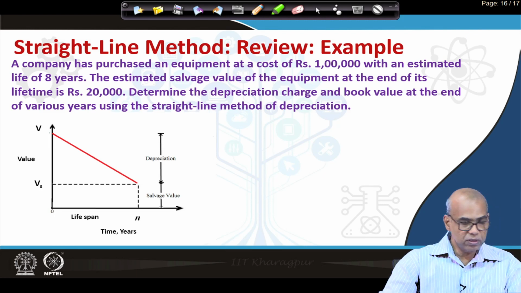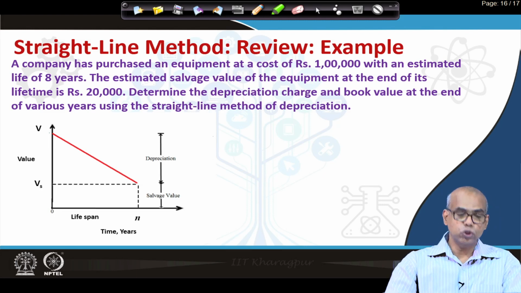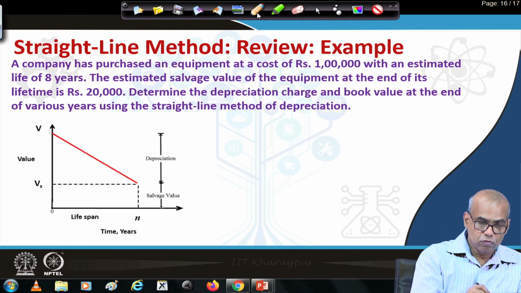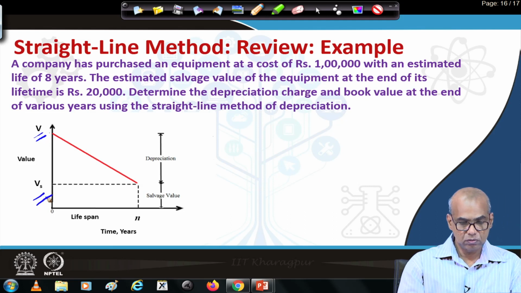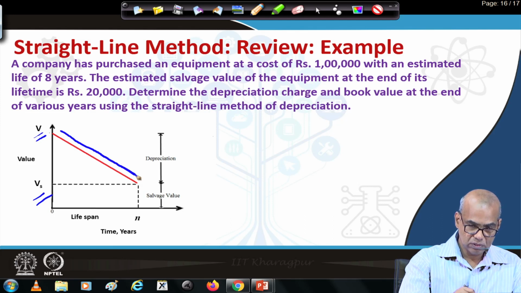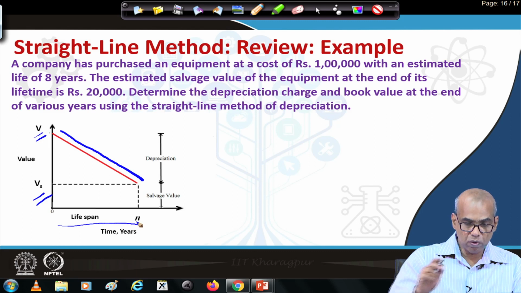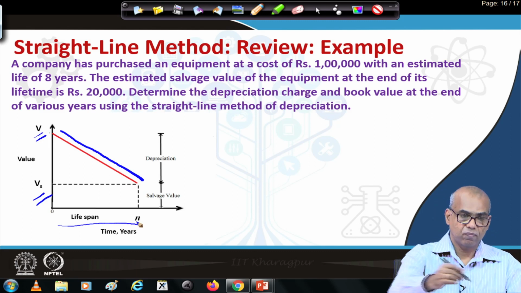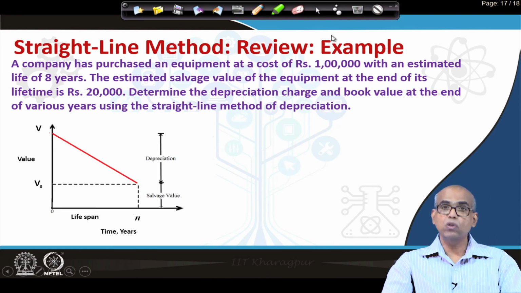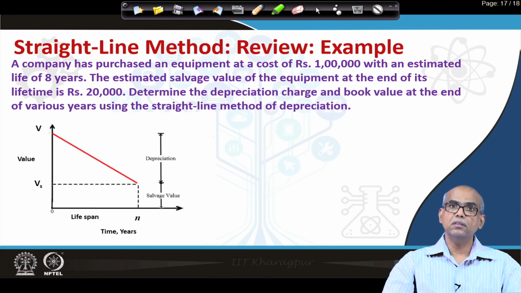So, the straight line method is schematically shown. From the asset value to the salvage value, you come down along the straight line over the recovery period or lifespan. So, every year you have a constant depreciation amount.